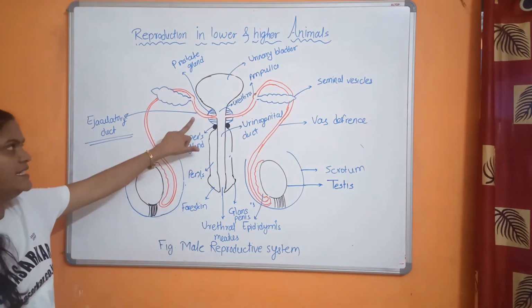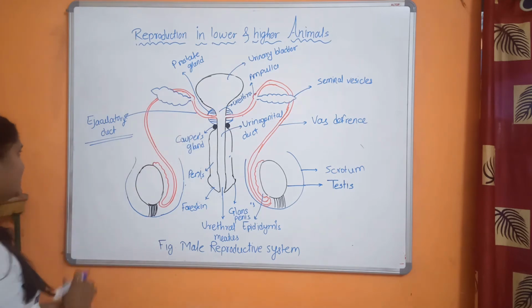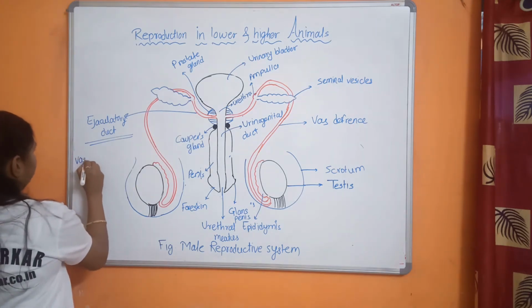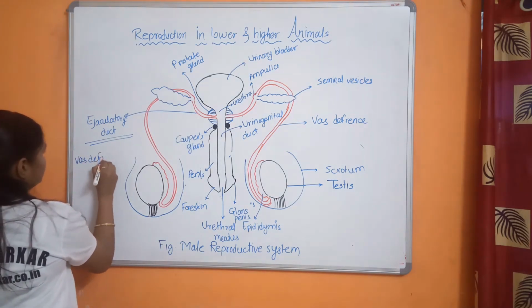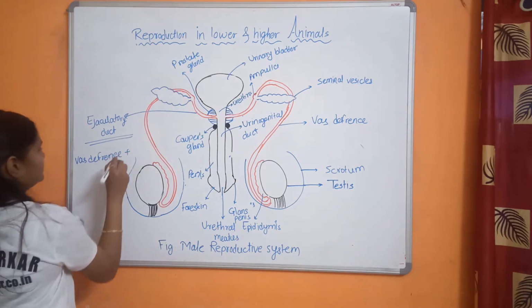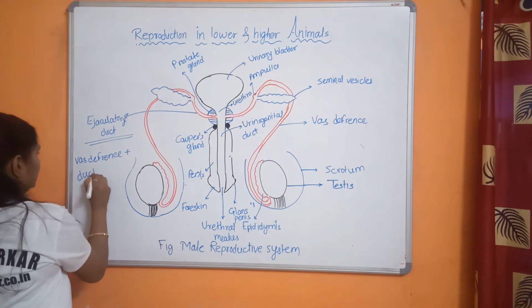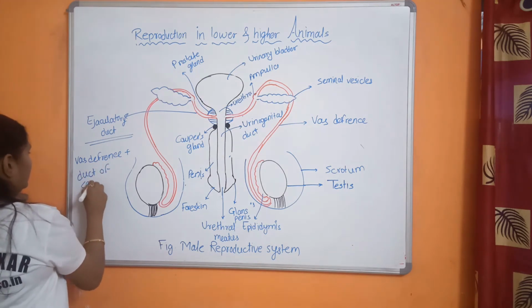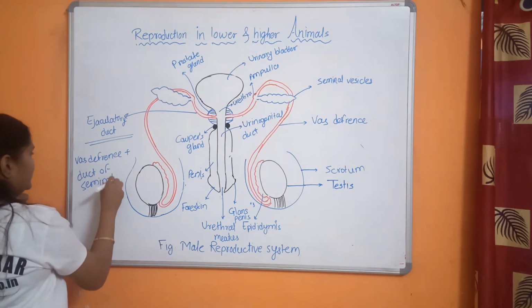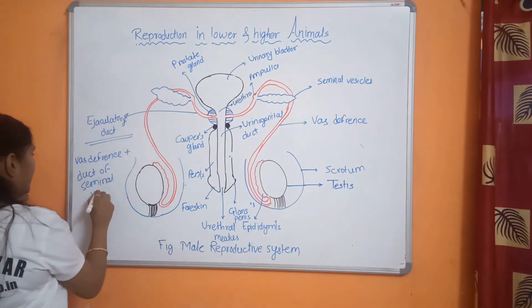This is called the ejaculatory duct. So what is the ejaculatory duct? Vas deferens plus the duct of the seminal vesicle. The seminal vesicle is a gland.